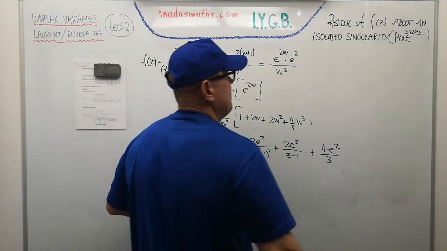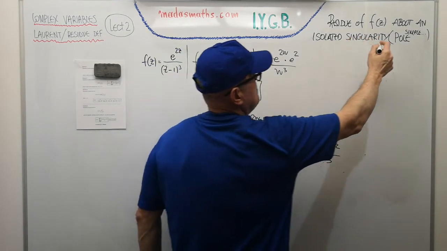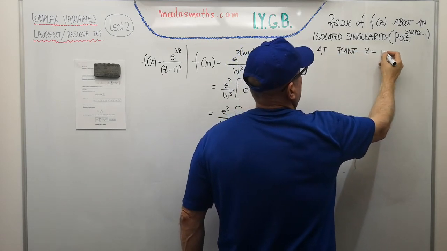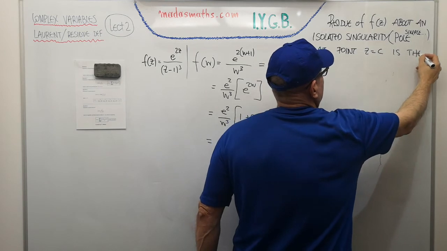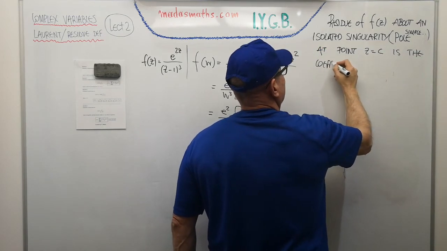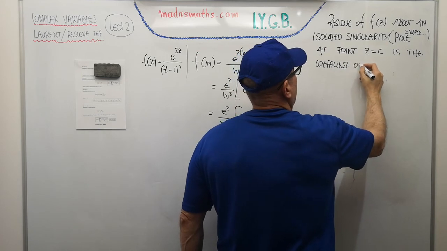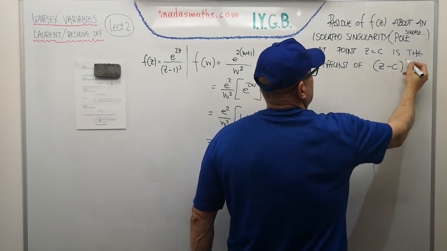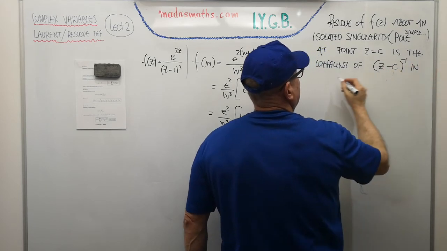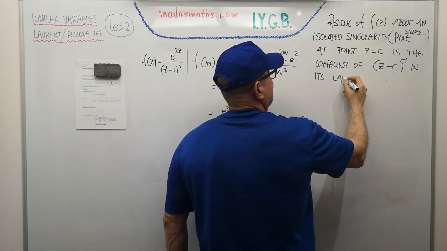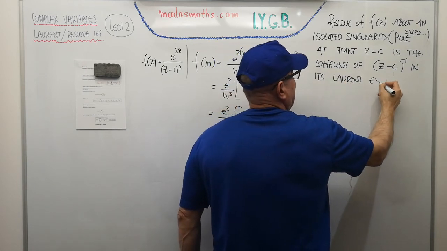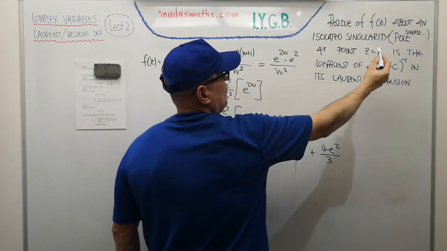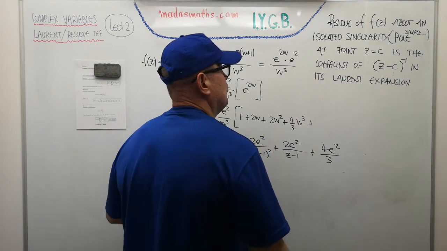A simple pole, let's say at the point z is equal to c, is the coefficient of z minus c to the power of -1 in its Laurent expansion, and goes without saying about that pole, in powers of z minus c.